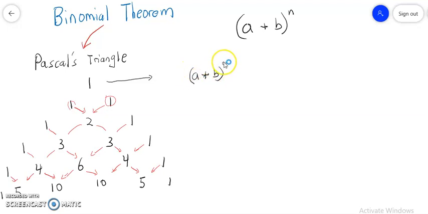Anything that has a power of 0 is automatically 1. Now we look at the second one. This is a plus b to the power of 1, which leads to the numbers inside as well. They are called linear equations.